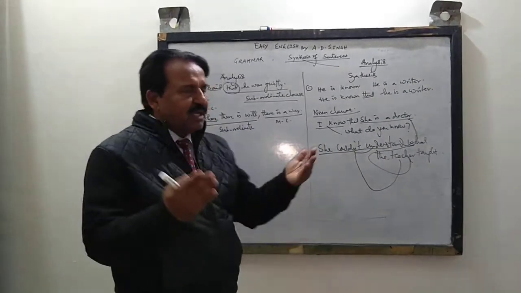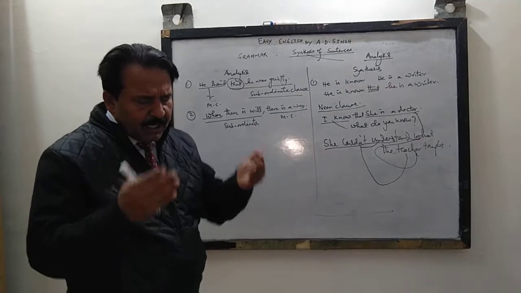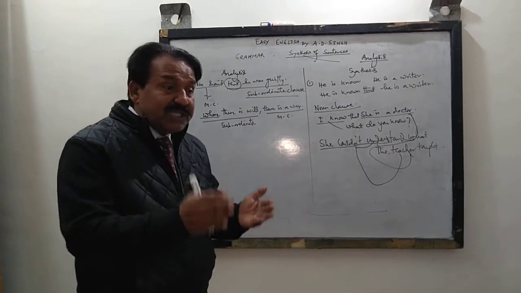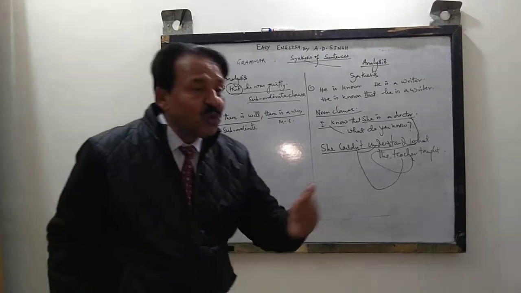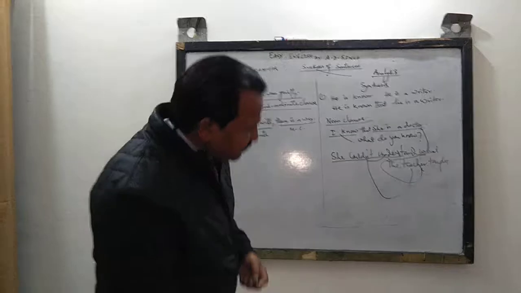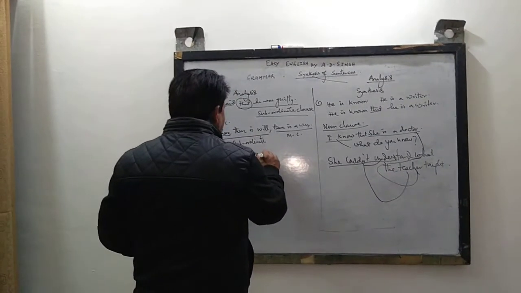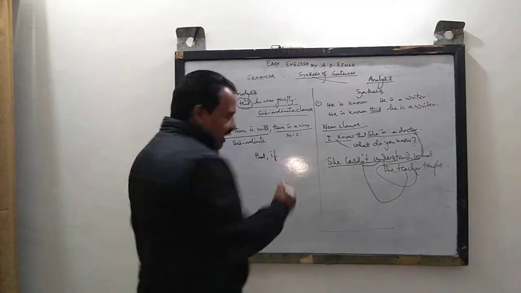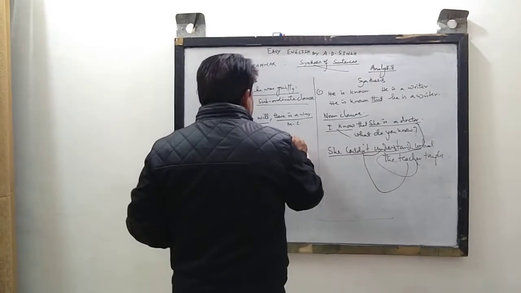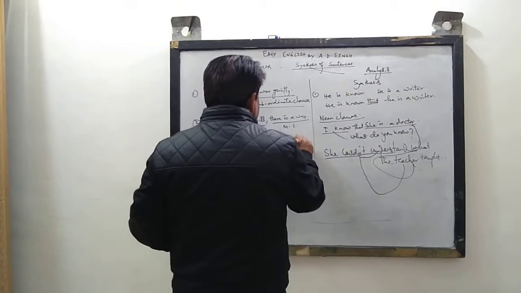Now you ask, sir, tell us some of the popular conjunctions which are beginning words of a noun clause. They are: first one is that. Second one is if. Third one is whether.